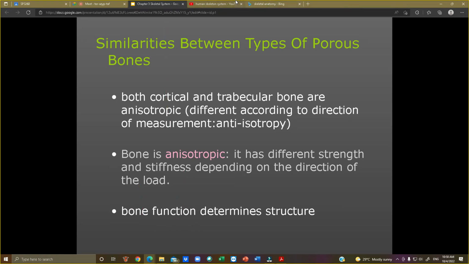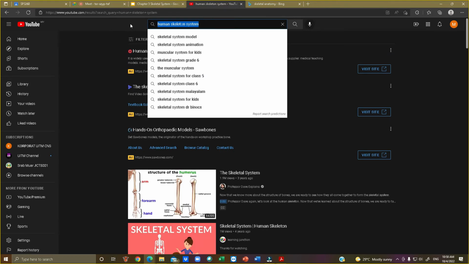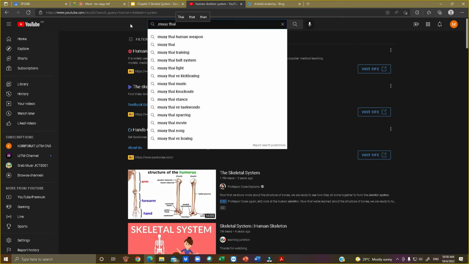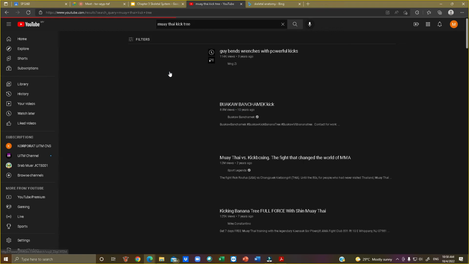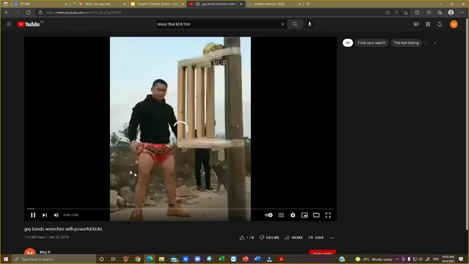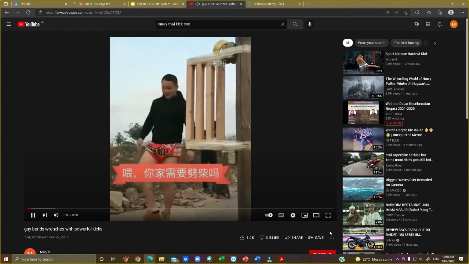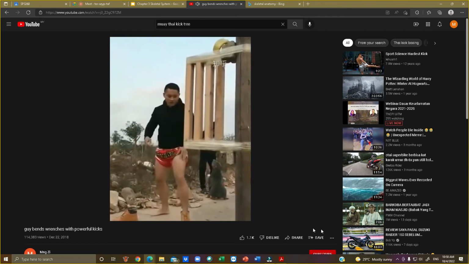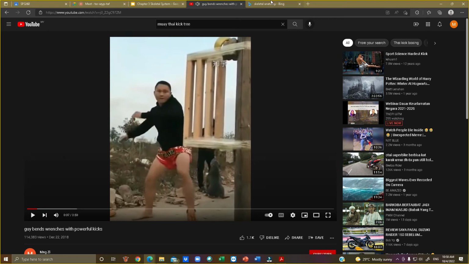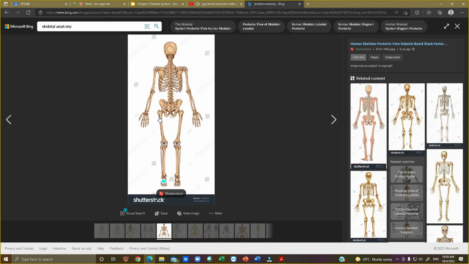Contoh, kita ambil Muay Thai kick. Okay, tadi kita kata long bone is good at compressive and not good when the direction is poor.